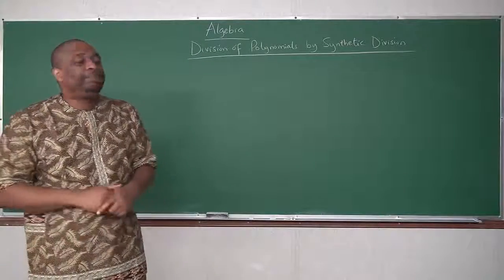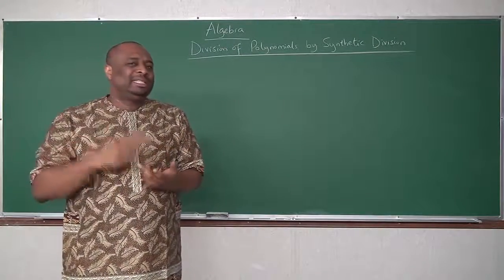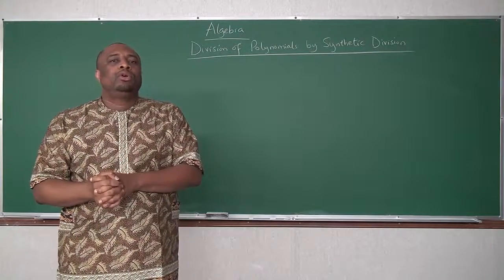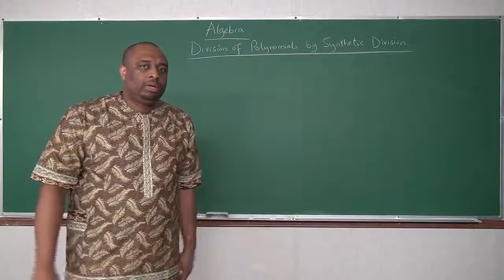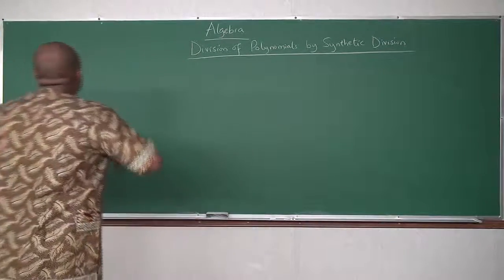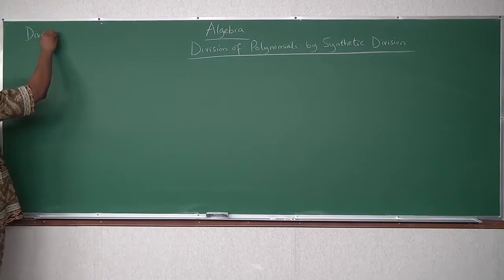It is very, very important when you use long division or synthetic division that you check your work. So we checked our work in that video using the division algorithm.